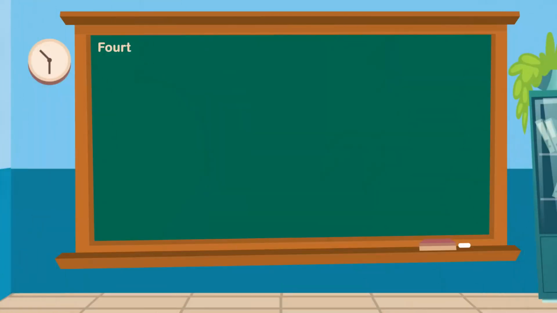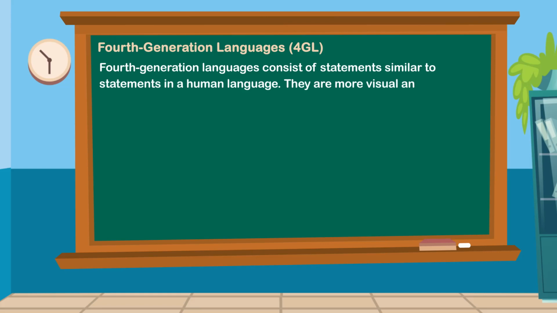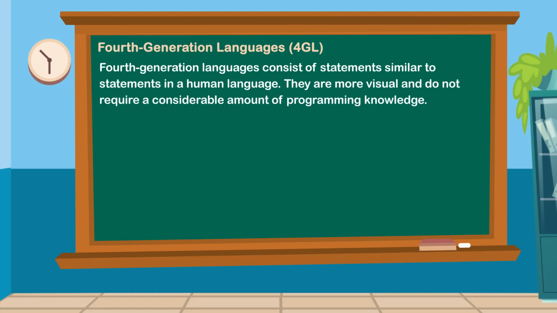Now, let's learn about the fourth and final category of computer languages, which are fourth generation languages or 4GL. These consist of statements similar to statements in a human language. They are more visual and do not require a considerable amount of programming knowledge.